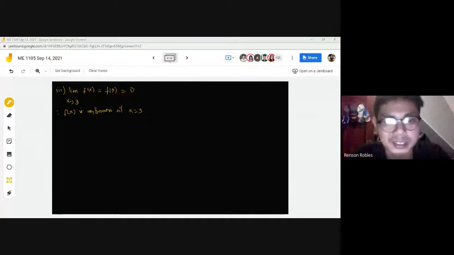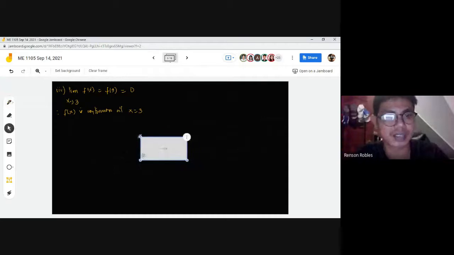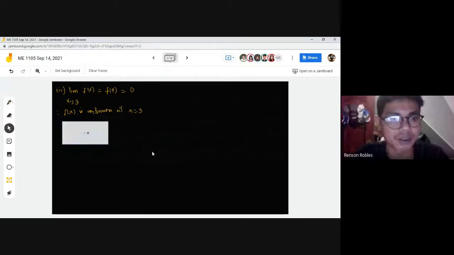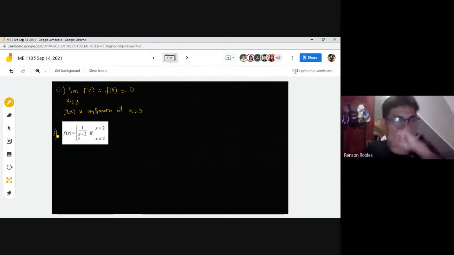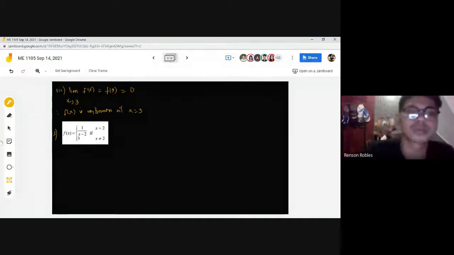Hold on. Let me see. Determine whether f of x, can I ask someone to write the solution on the board? Number 3. Determine whether f of x is continuous at x equals 2. Can I ask someone? Those who can?